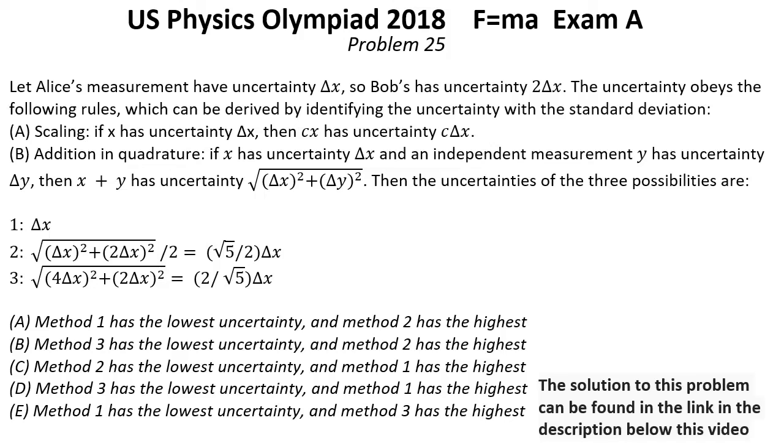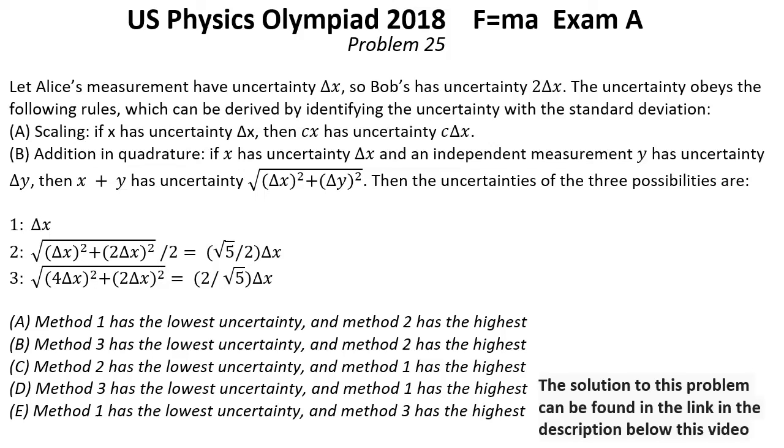The uncertainty obeys the following rules, which can be derived by identifying the uncertainty with the standard deviation. A. Scaling. If x has uncertainty dx, then cx has uncertainty c dx. B. Addition in quadrature.